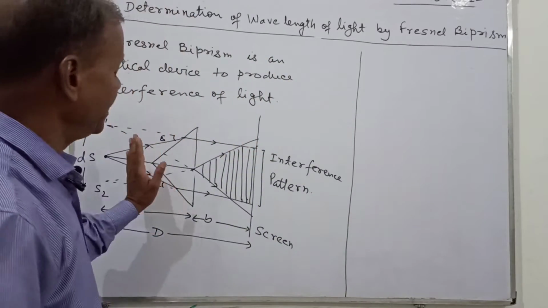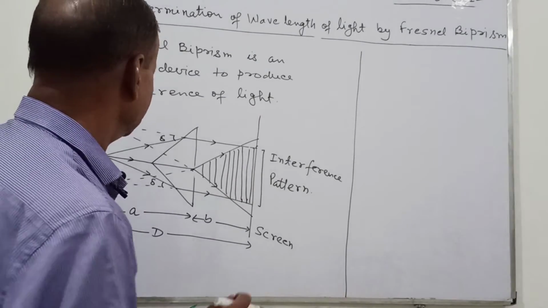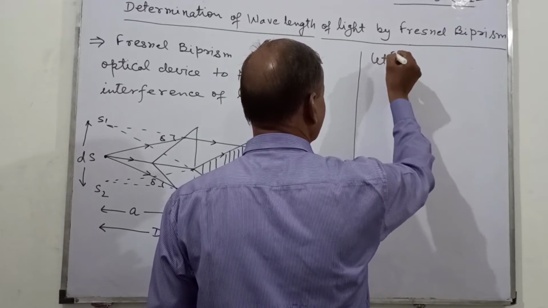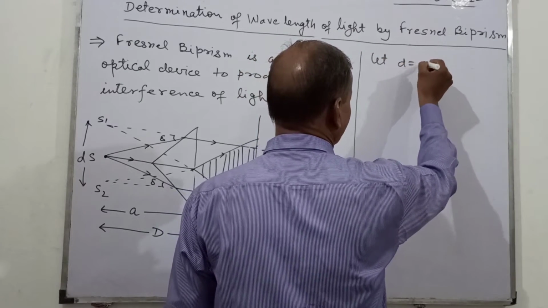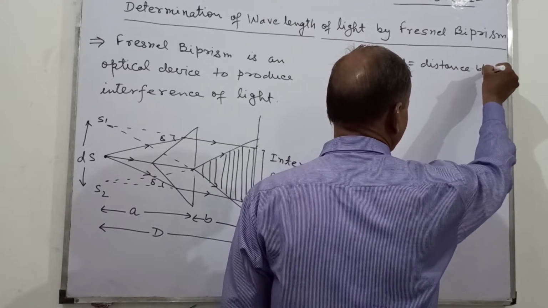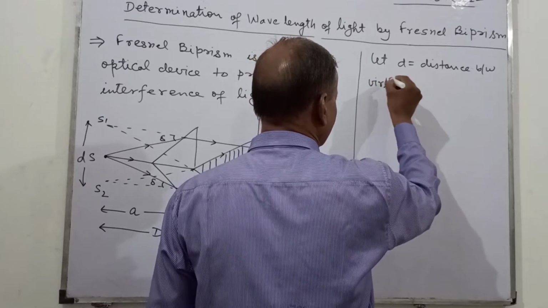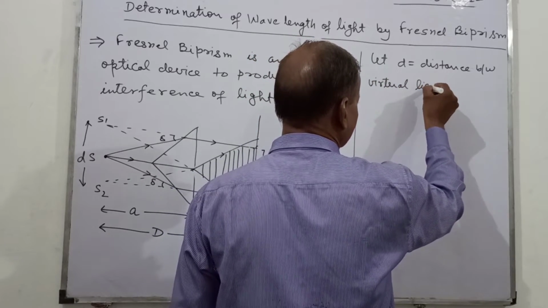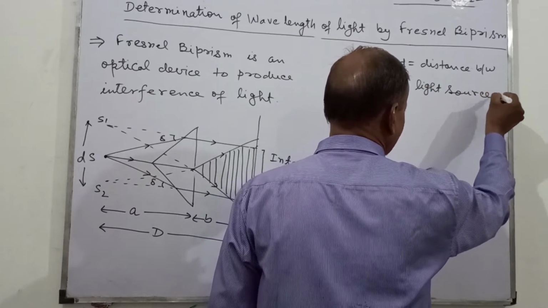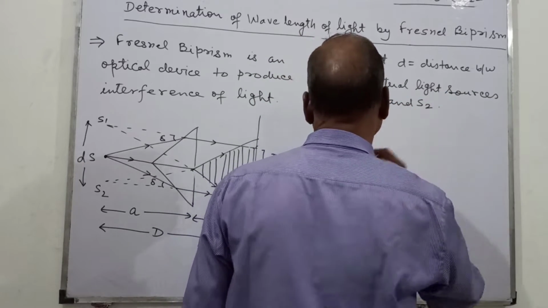So this I have shown you, the experimental arrangement. Let d equal the distance between the virtual light sources S1 and S2.